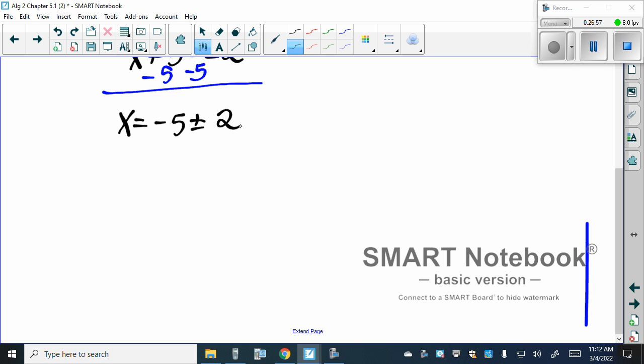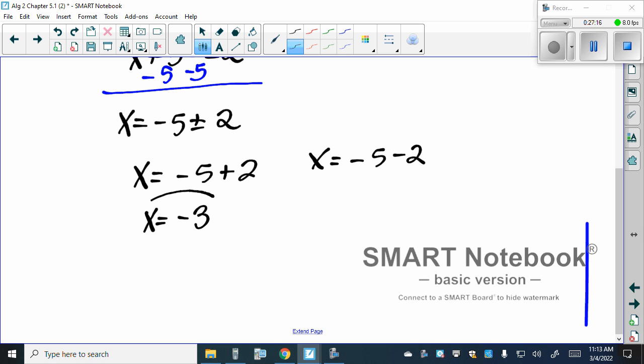Here, can I do negative 5 plus 2? Can I subtract them? Yes. If we can actually add and subtract, we're going to need to add them, and we're going to need to subtract them. Well, negative 5 plus 2 is negative 3. And negative 5 minus 2 is?